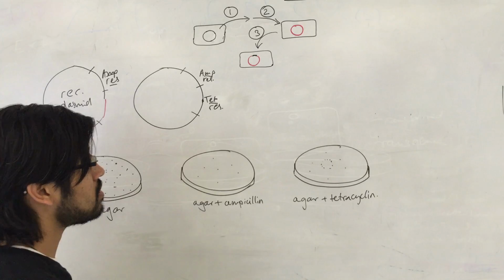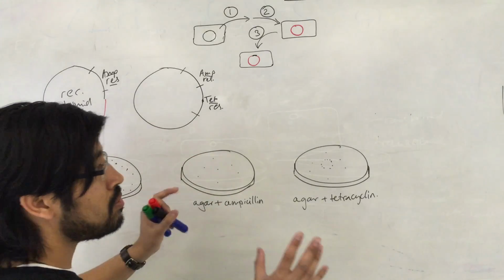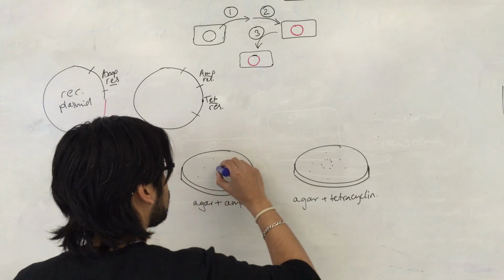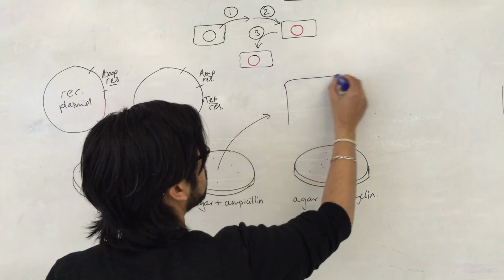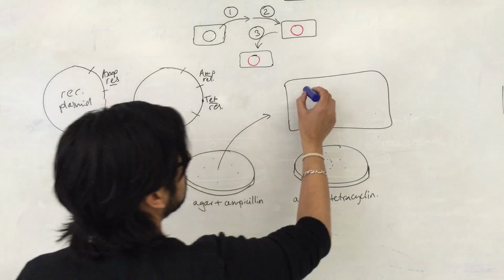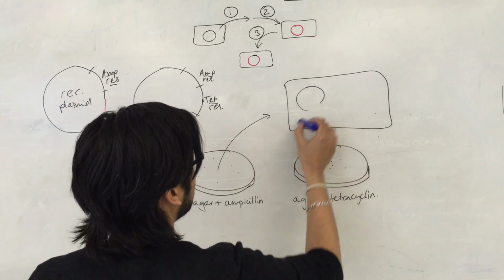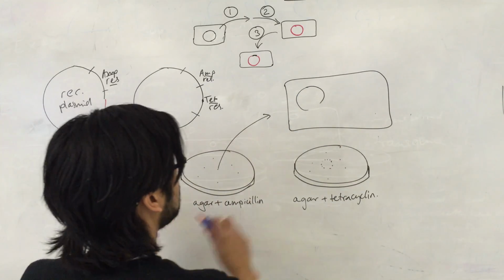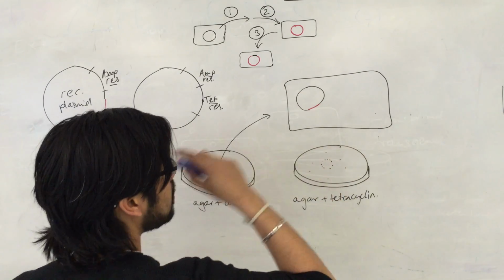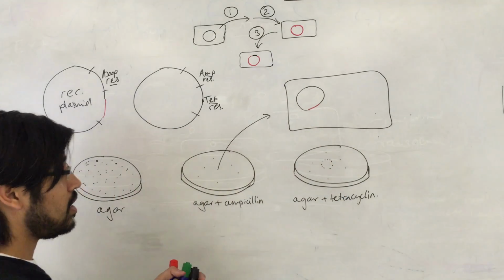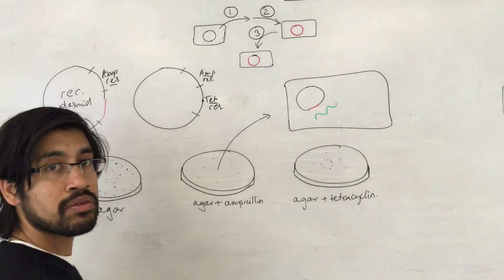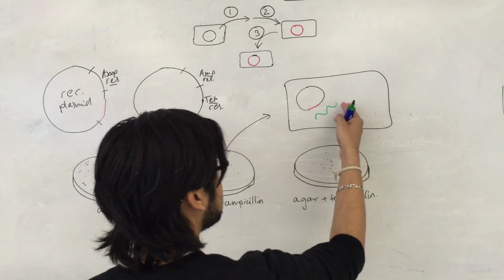we can grow them up in larger volumes, and just very briefly, you already know what's going on, but inside these cells, if we look at just one of the cells, this is important to understand: because that plasmid is there, because it has our gene of interest, that gene of interest in the bacterial cell is being converted or copied into mRNA thanks to the RNA polymerase of the recipient cell.